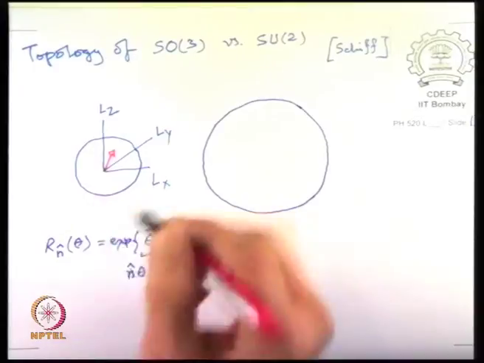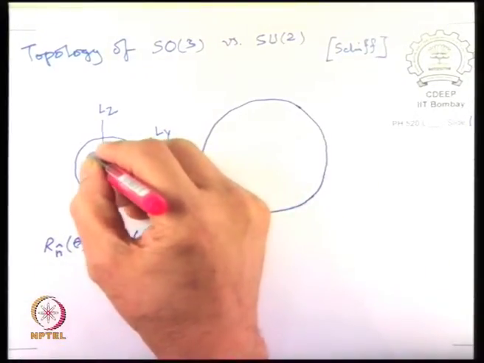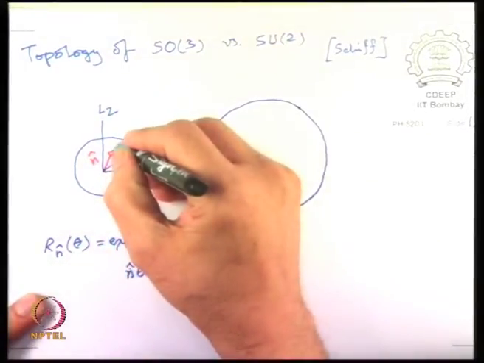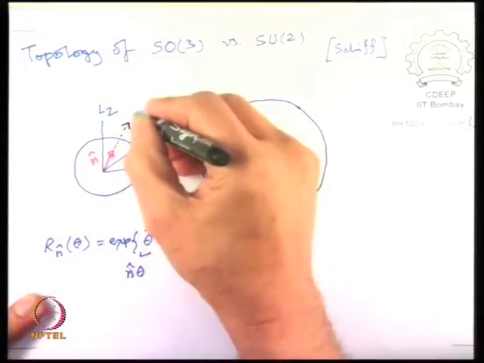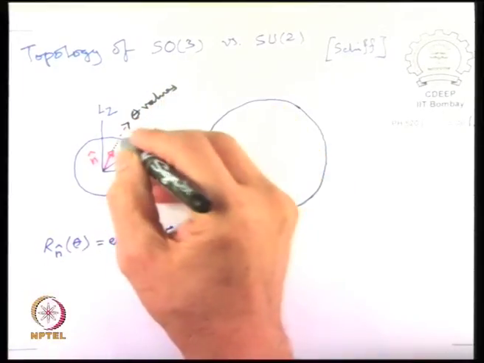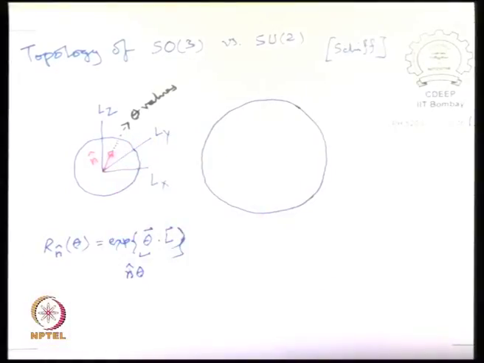So this is n cap, and the rotation amount theta you can show by drawing along it. How much you rotate, so theta values, but they stop at theta equal to pi, because if you do n cap pi rotation and minus n cap pi rotation, you have actually covered 2 pi rotation about that n cap axis.